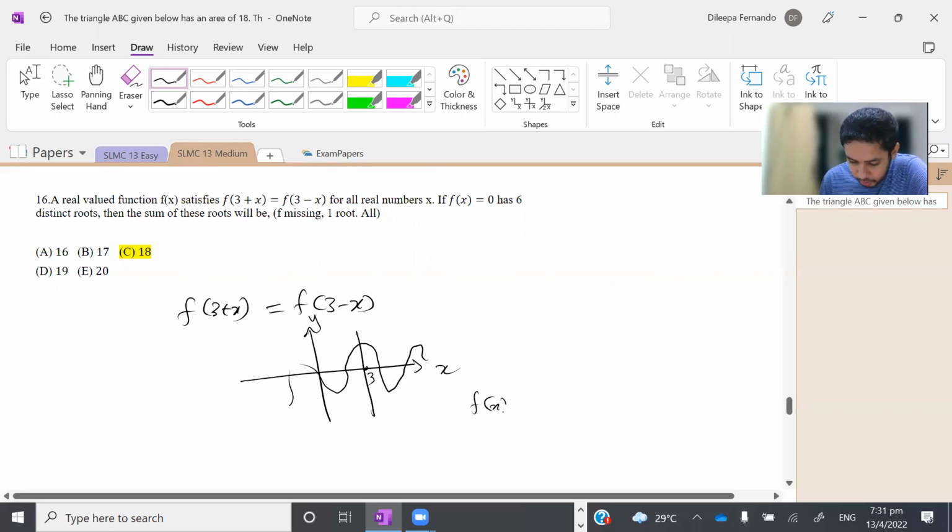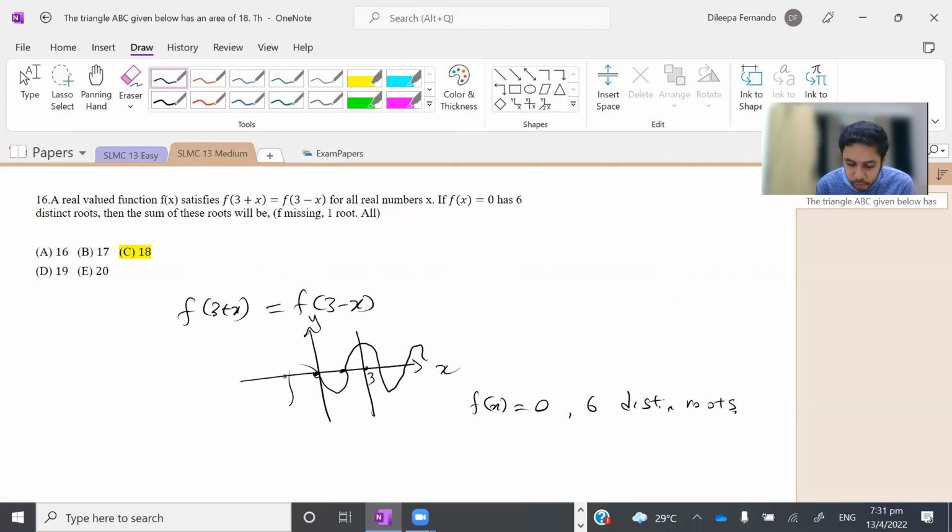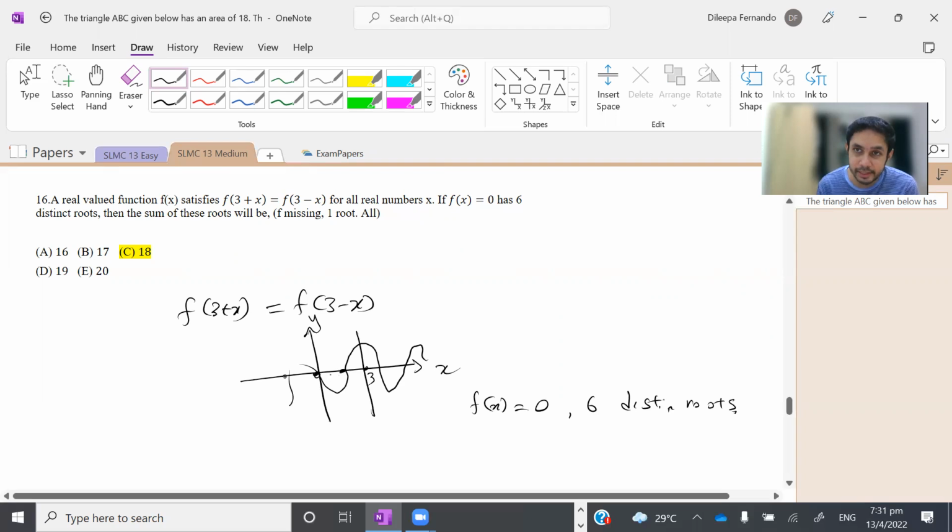f(x) equals 0 has 6 distinct roots, 6 different roots. So f(x) equals 0 are the points where it touches the x-axis. So since this is symmetric, if there is a root on the left side of x equals 3, there should be a corresponding root on the right side of x equals 3 as well.